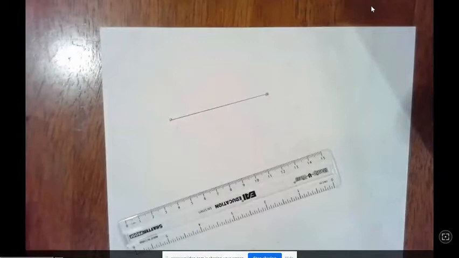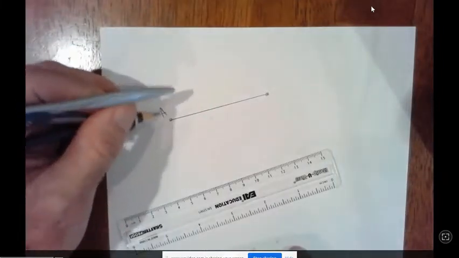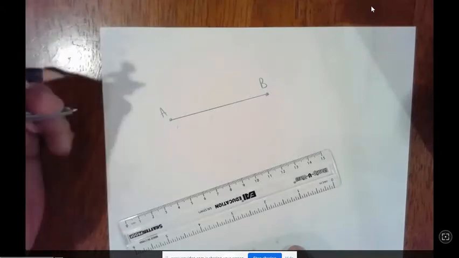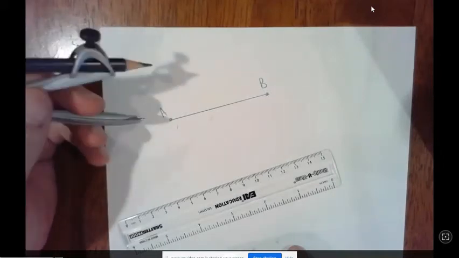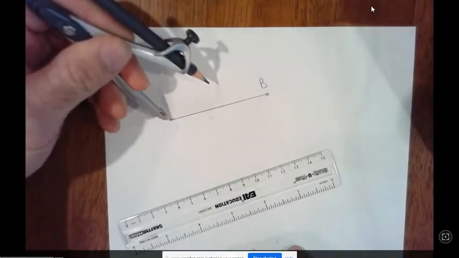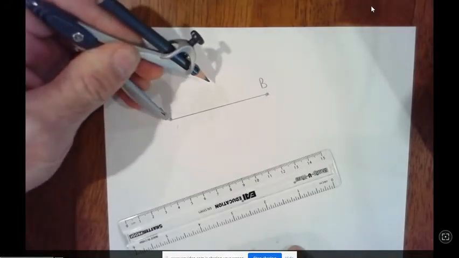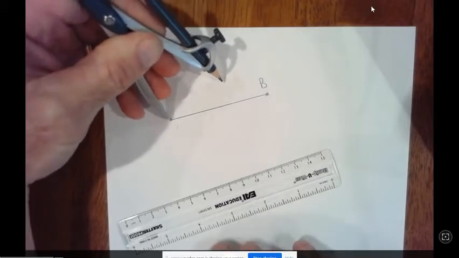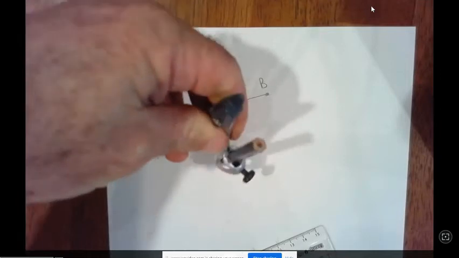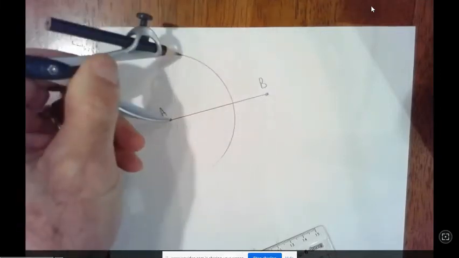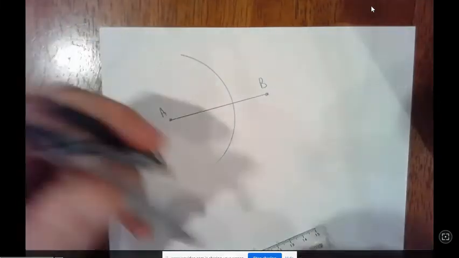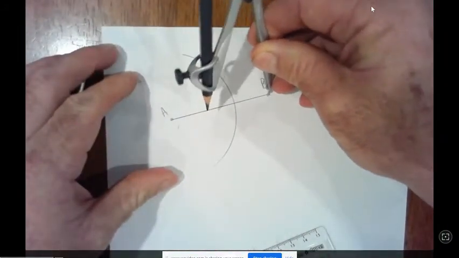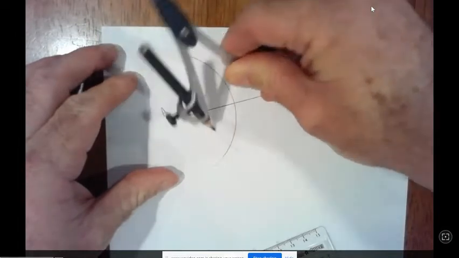So if we have a segment AB and we want to construct the perpendicular bisector, you might remember that the steps go like this. You put the compass point at A, or at one of the endpoints, open up the compass so it's clearly past halfway, make an arc, and then move the compass to the other point, and with the same compass setting, make another arc.